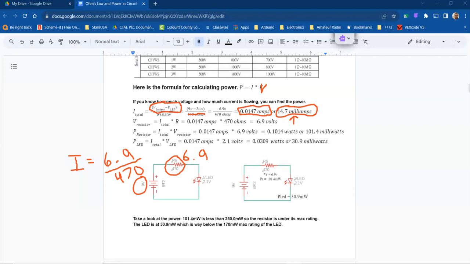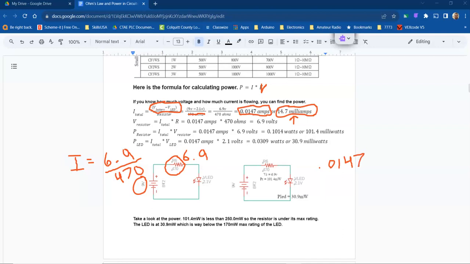Moving along, now we're going to find the power. And these show you how to find the power. We're going to do current, which is 14.7 milliamps or 0.0147. I have to talk as fast as this thing will let me draw. That is how many amps are flowing.